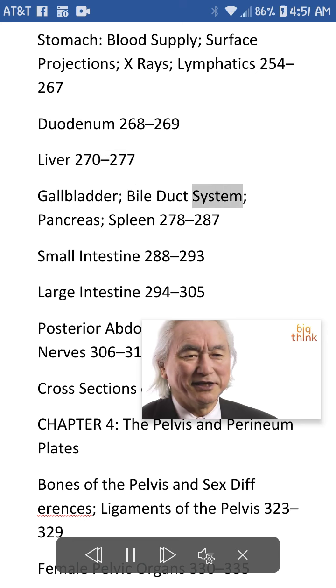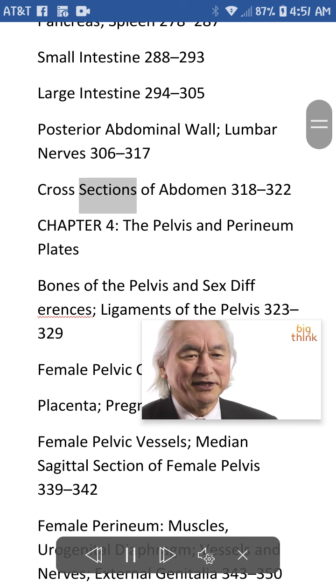Gallbladder, bile duct system, pancreas, spleen 278 to 287. Small intestine 288 to 293. Large intestine 294 to 305. Posterior abdominal wall, lumbar nerves 306 to 317. Cross sections of abdomen 318 to 322.